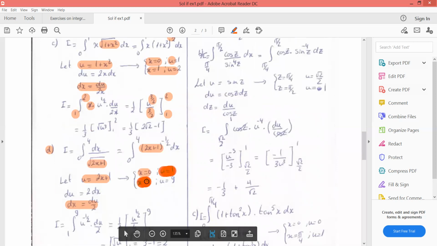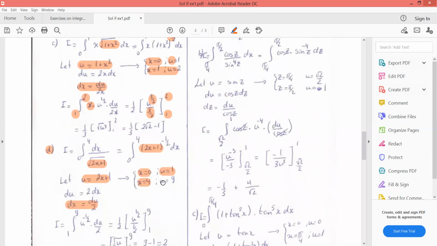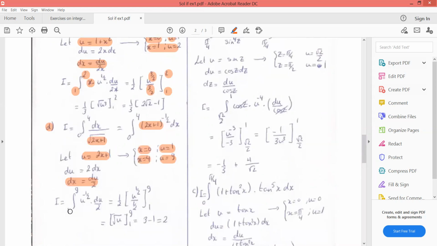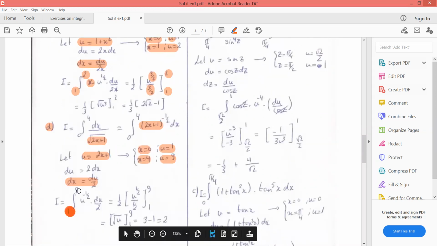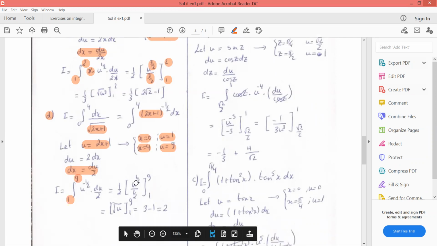For x equal 4, u equal 2 times 4, 8 plus 1, 9. So integral from 1 to 9, u to the minus half du over 2. We add the power by 1. So u power half over half, half and half skip. Then we have radical u between 1 and 9.